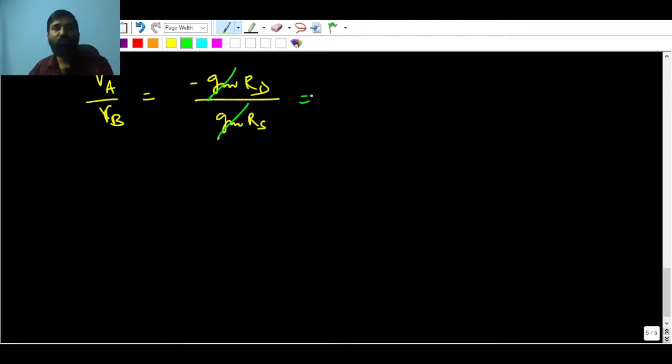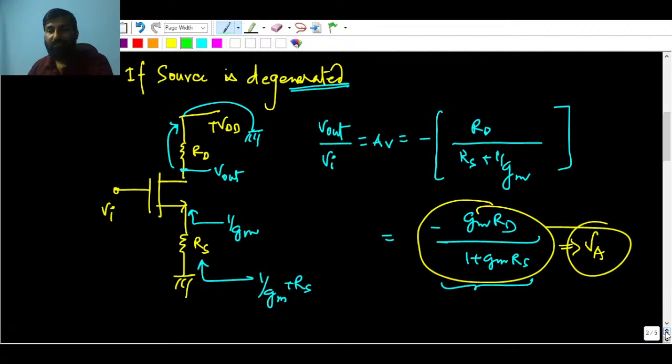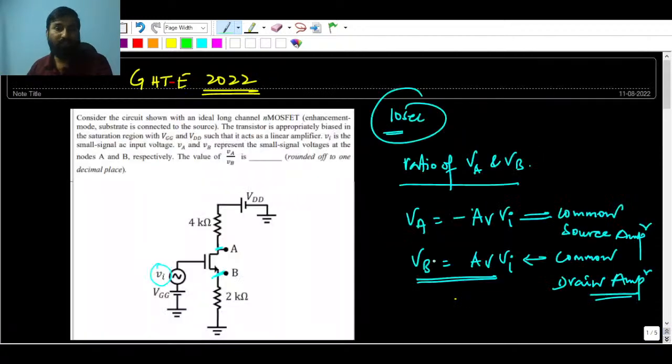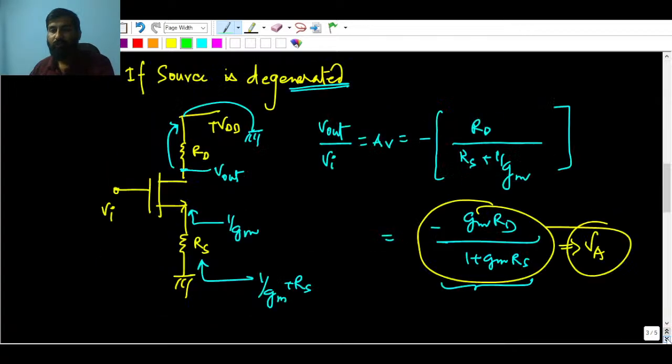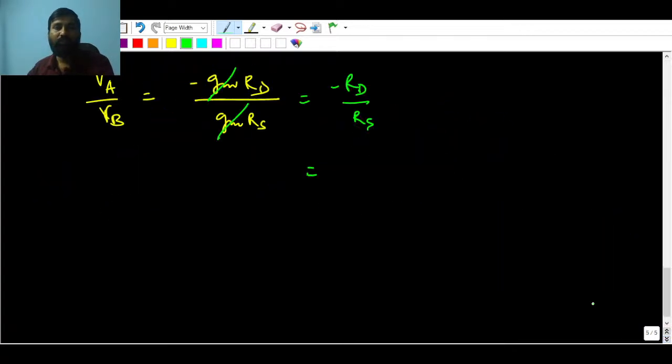Your overall answer is going to be RD by RS. In the question, RD is 4K and RS is 2K. So RD is 4K upon 2K, which is going to be minus 2, and it has no dimension. So this will be the answer for this question.